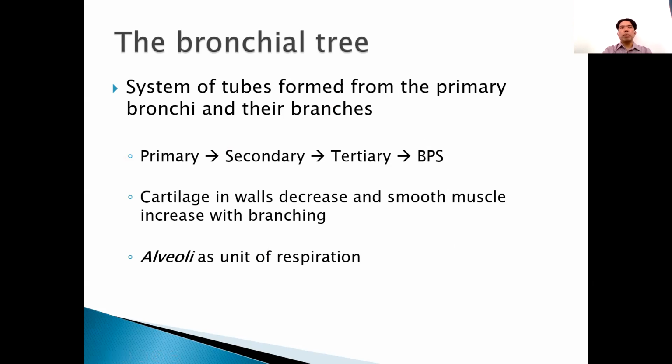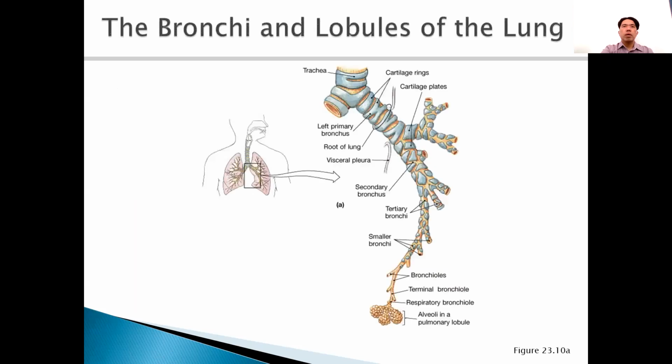The bronchopulmonary segment houses the alveoli as a unit of respiration. And in relation, cartilage in the walls decrease as you go distally because the smooth muscle will increase. It will increase with these branching. So to illustrate to you, trachea. Here you probably have the left main stem bronchus or the left primary bronchus.